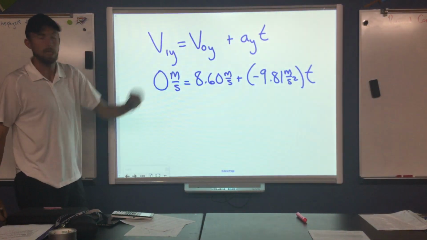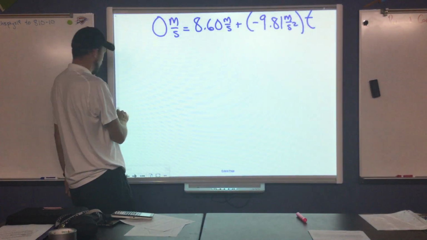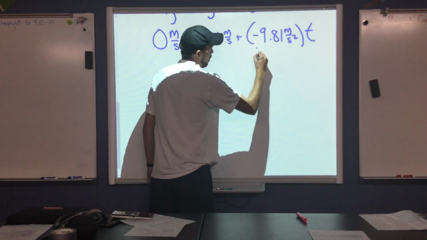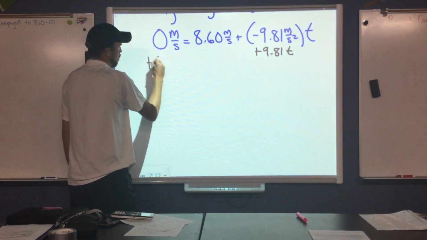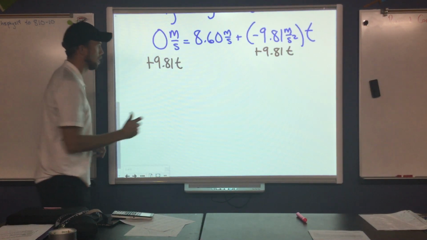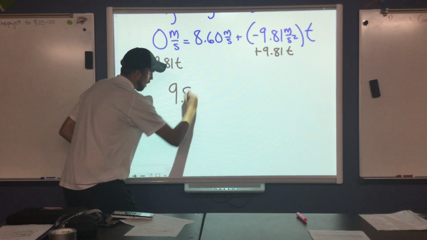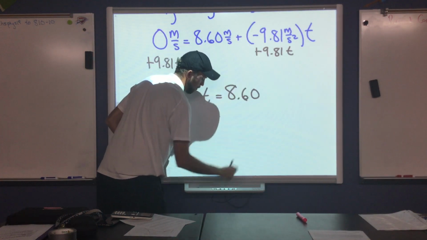So if we want to get t by itself, I can just add the negative 9.81 t on both sides of our equation. So we can begin to get t totally by itself. Now we have 9.81 times t is equal to 8.60.